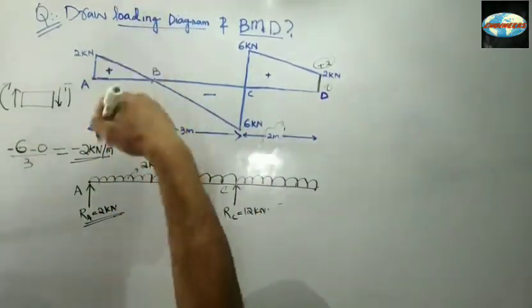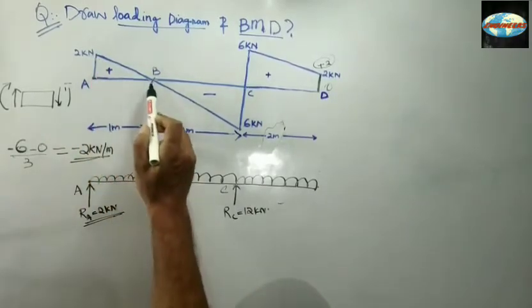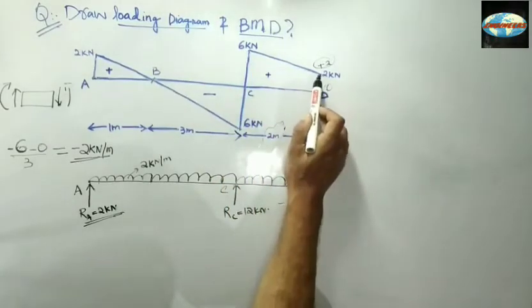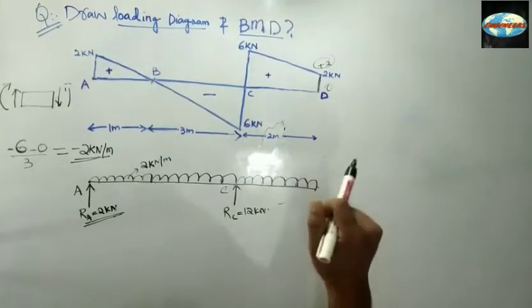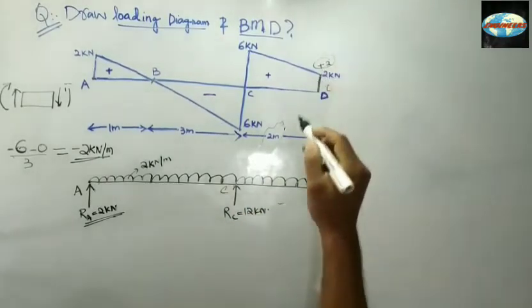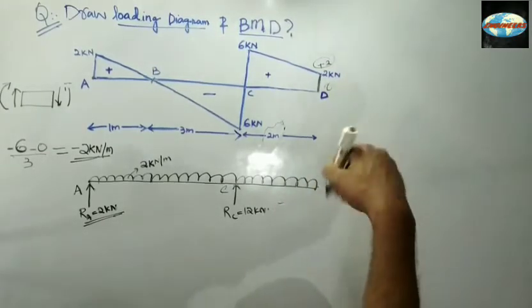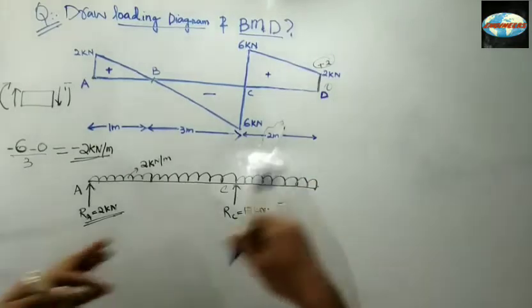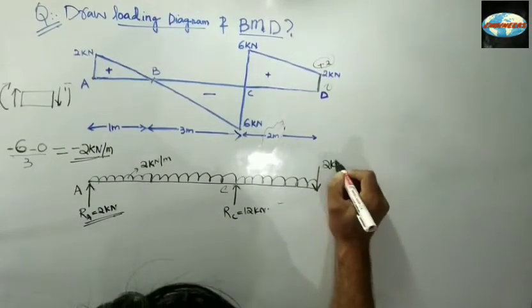When we are analyzing from the left, you start from this point, move to this point, then to this point, and ultimately you move to this point. From this point to this point, there is a drastic change. The load has changed from 2 to 0. That means we have a downward force, a downward load of 2 kilonewton. So here my beam is subjected to a downward load of 2 kilonewton.